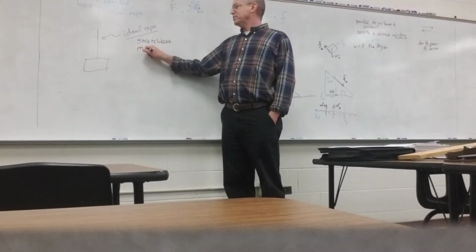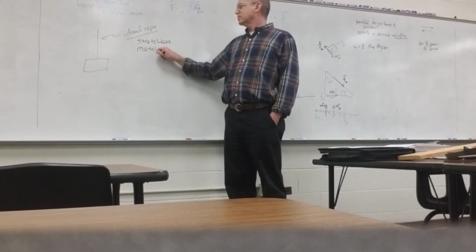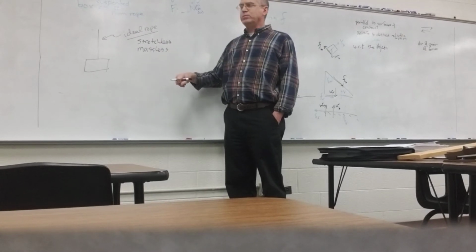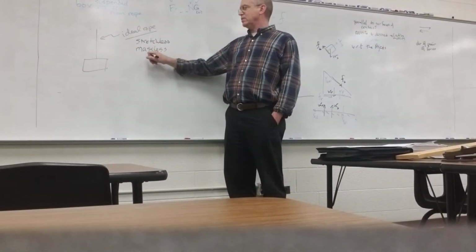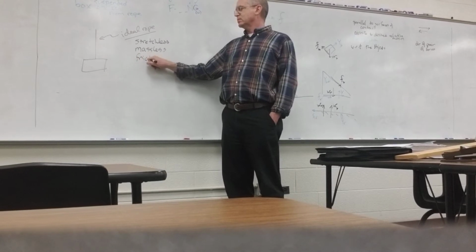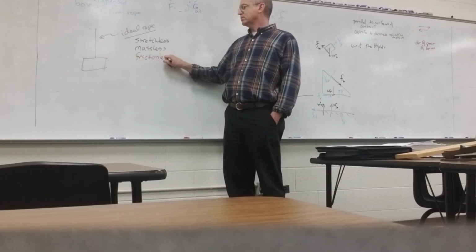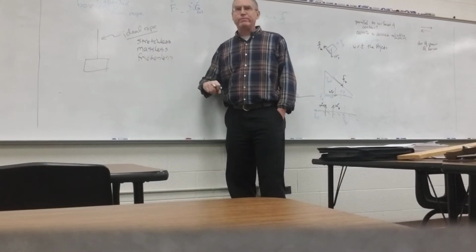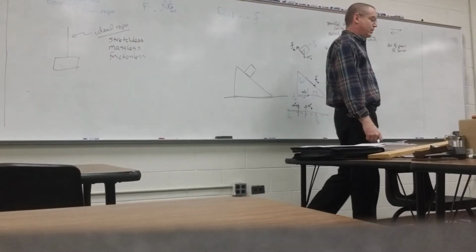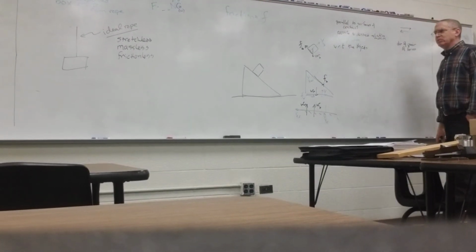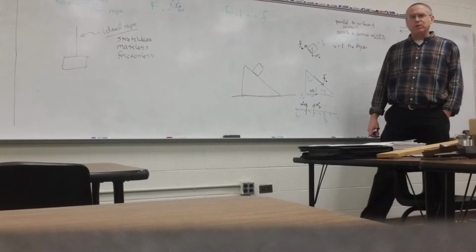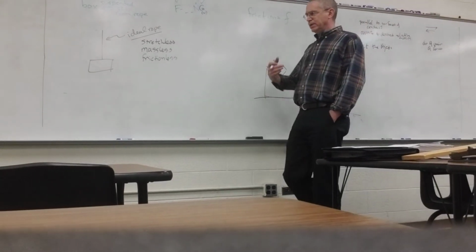Two, it is massless. And three, in terms of interacting with anything except at the ends, it is frictionless. So an ideal rope will not turn a pulley. At some point, we will add friction to the rope. In 251, sometimes we will take away the massless aspect, but we keep stretchless throughout at least the beginning courses.